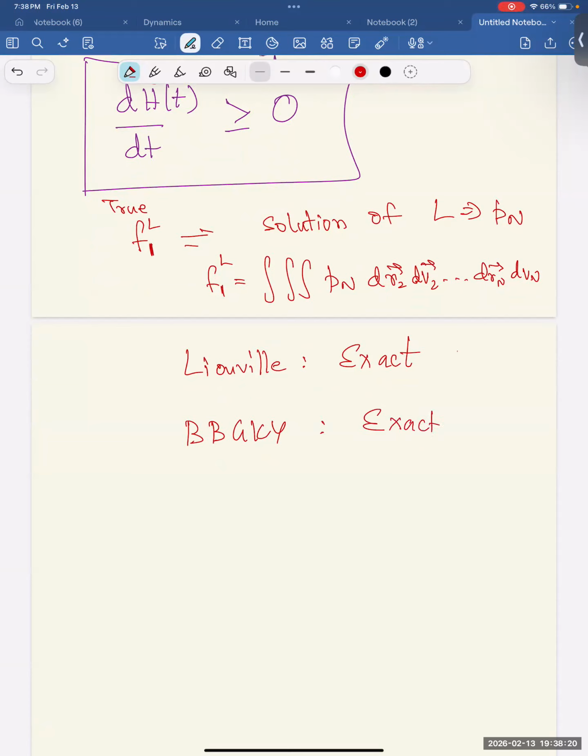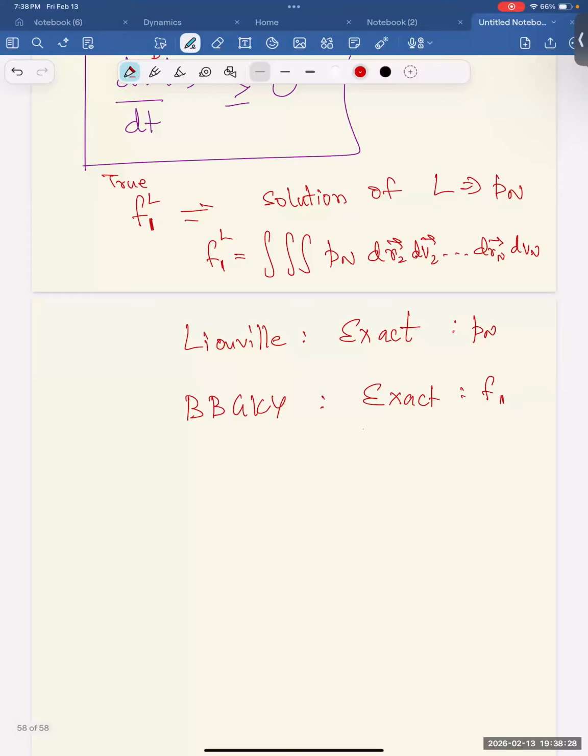Liouville, we solve for Pn; in BBGKY, we solve for F1, but it is unclosed. This is exact and closed, but this is exact and unclosed, right? So then you make some approximations, which is molecular chaos, Boltzmann-Grad limit, etc. And so we get the Boltzmann equation.